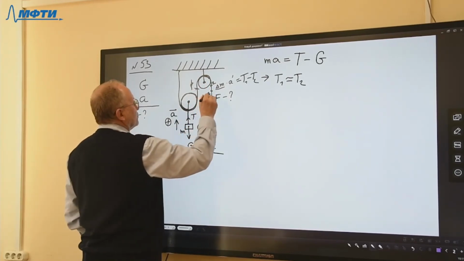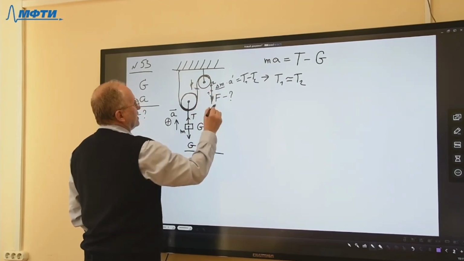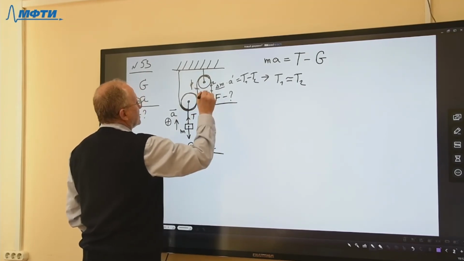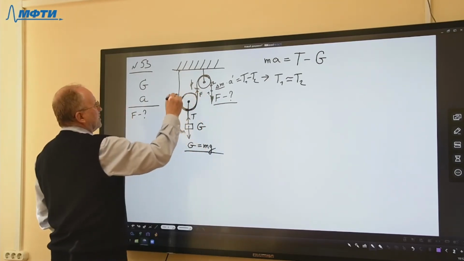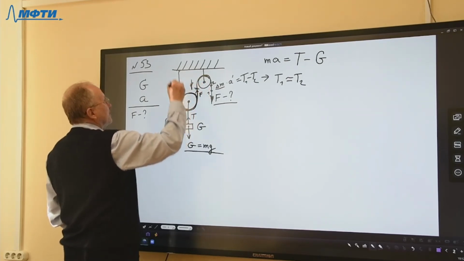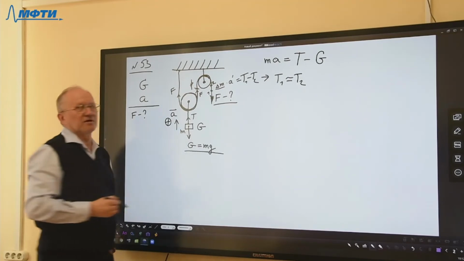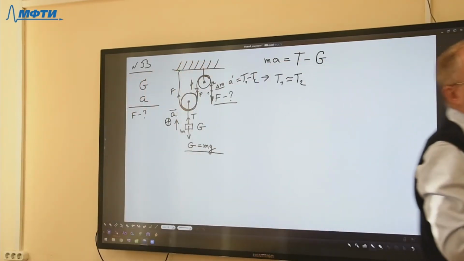If the force of tension is F at this point, then it will be equal to F at this point, and also equal to F at this point. The force of tension is the same along the string because the mass of the string is negligible, practically zero.